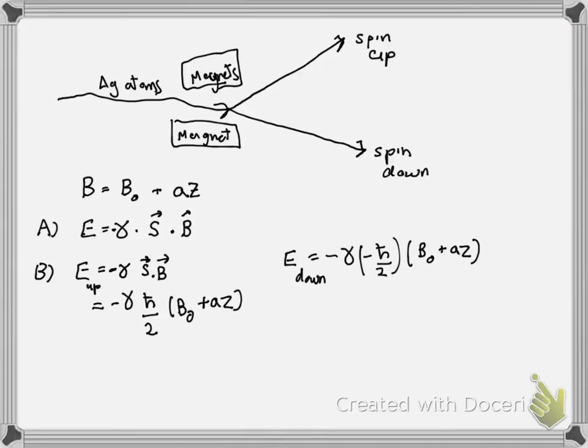And we want the energy splitting, so the energy difference, all of those terms end up canceling out, and you're left with just this extra negative sign from up here.